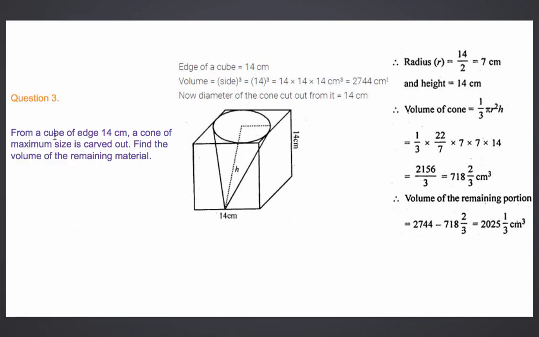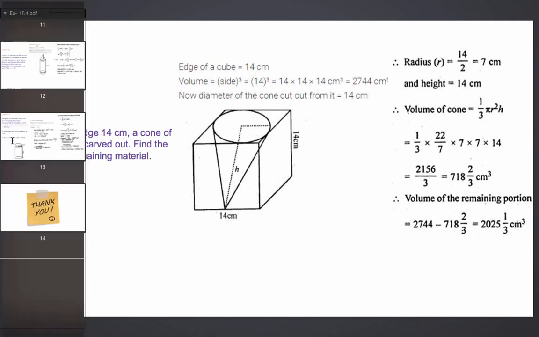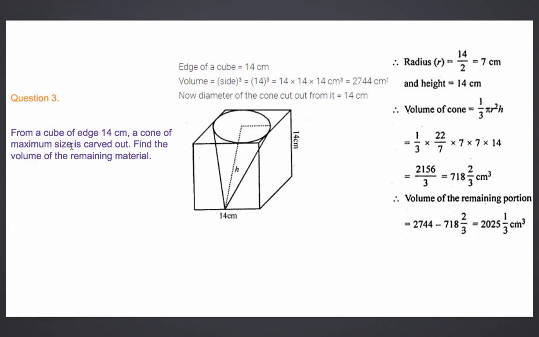So it is from a cube of 14 centimeter edge, a cone of maximum size. Again, this is important, students. As I told you just now, maximum size means it will cover the whole, it will touch the edges. The circumference of the circle will be such that the diameter, the two ends, will touch the sides of this particular edge of the cube.